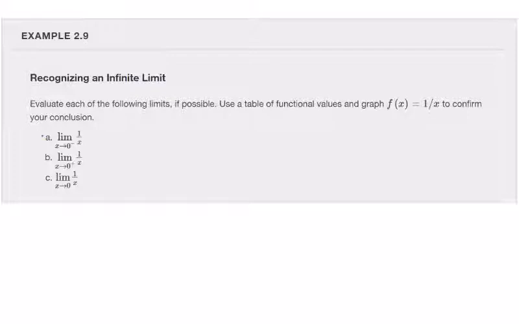So part A, we're looking at finding the limit of 1 over x as x approaches 0 from the left. Let's think of this intuitively for a second. Numbers approaching 0 from the left would be on the negative side of 0, so it would be like negative 0.1, negative 0.01, negative 0.001.